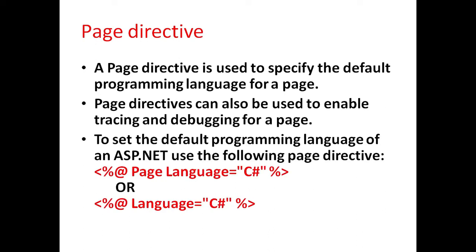To set the default programming language of an ASP.NET page, use the following page directive: <%@ Page Language="C#" %>. That is the code behind language that you are going to use. It may be VB, C# or any other .NET language. Or you can give it directly as Language="C#".